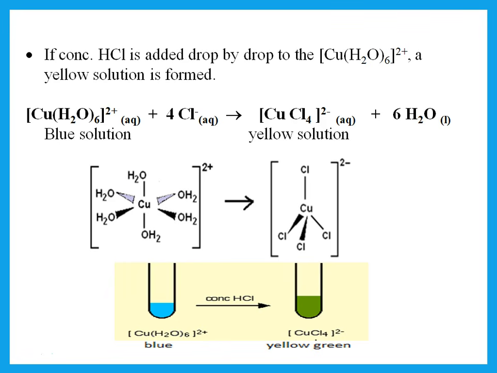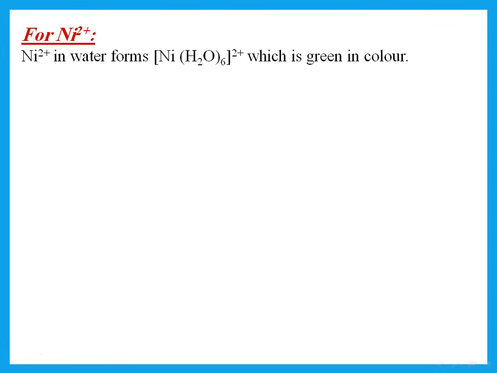We said this is because each of the chlorides has 1 minus. The copper is 2 plus, so overall we have 2 minus. So remember that if I have copper solution, which is blue, and I add concentrated HCl, it will turn to a yellow or yellow-green solution. Okay, so that was copper.